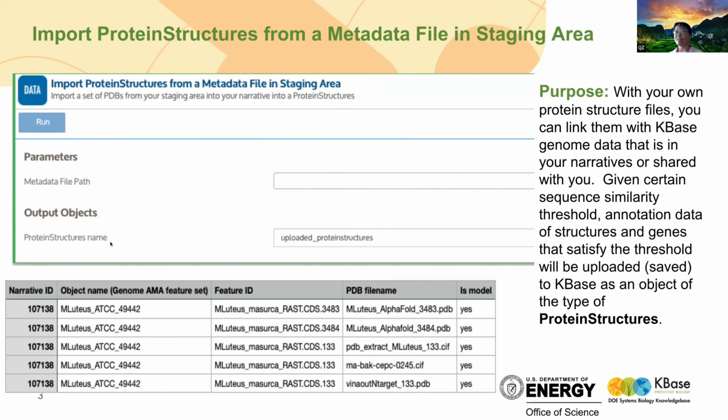This is one example input file I put here at the bottom. I aligned it with the highlight. It's actually a CSV, comma separated value file. That's a text file. The first column is the narrative ID.